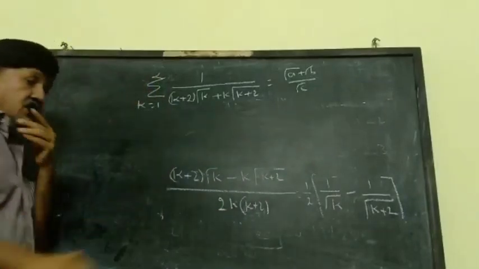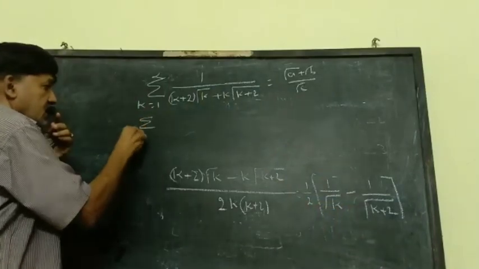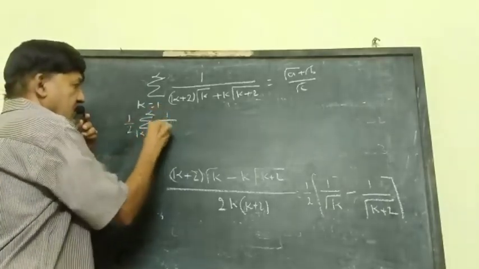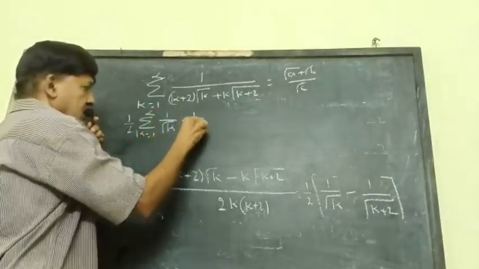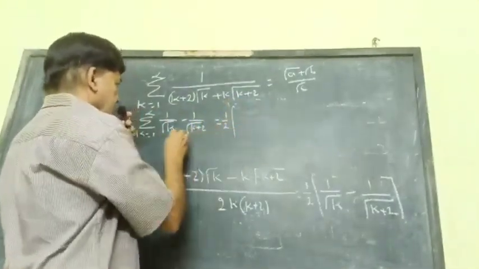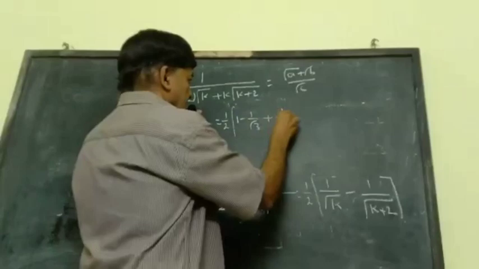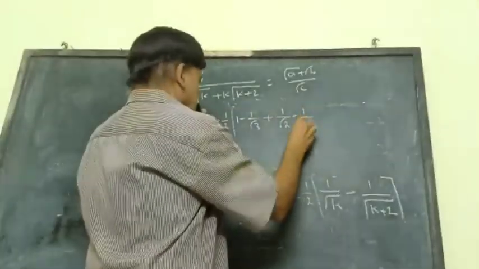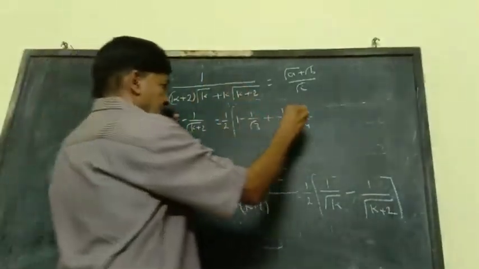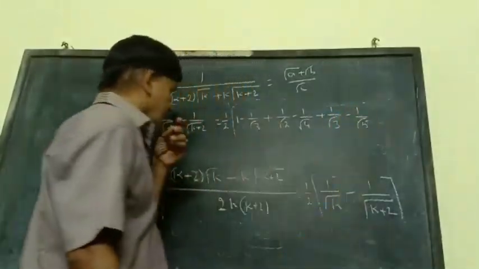Now you replace this with this. Sigma k is equal to 1 to infinity, 1 by 2 you take outside, 1 by root k minus 1 by root (k plus 2). You arrange your k values. For k1, 1 minus 1 by root 3. For k2, 1 by root 2 minus 1 by root 4. For k3, 1 by root 3 minus 1 by root 5.